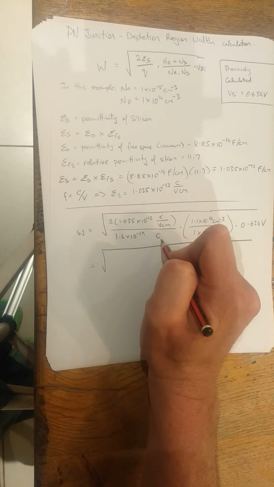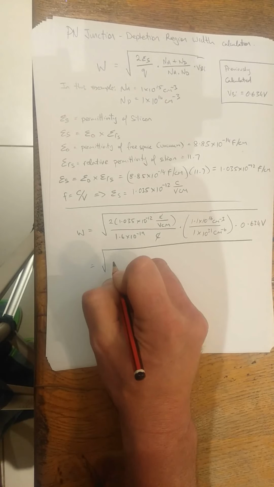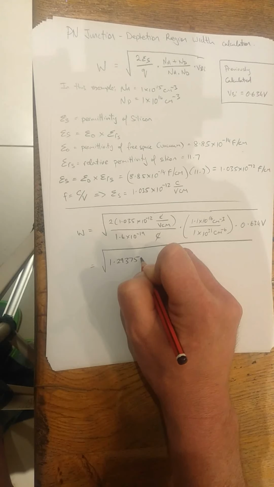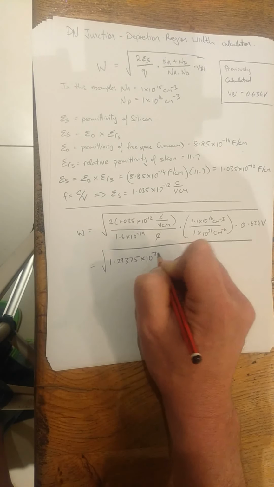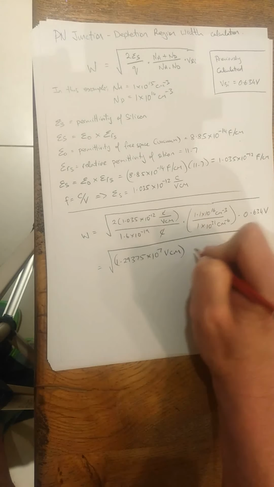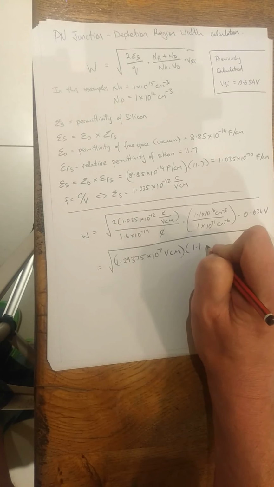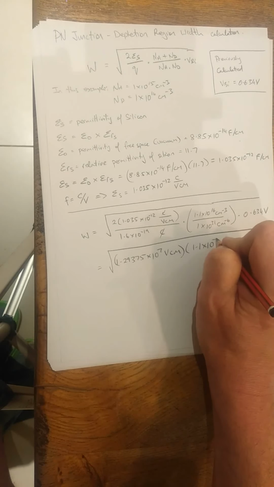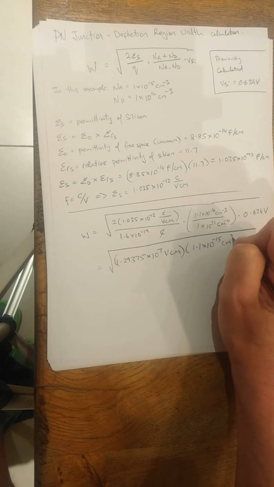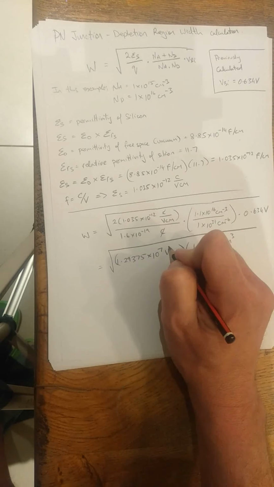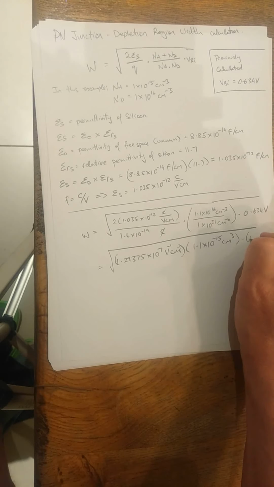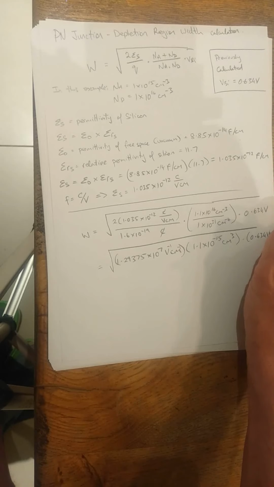These guys will cancel, and what you end up with here is 1.29375 by 10 to the power of 7 volts per centimeter. And that is multiplied by 1.1 by 10 to the power of minus 15 per centimeter cubed. Sorry, these should be minus 1 and minus 1. And that is multiplied by 0.634 volts.